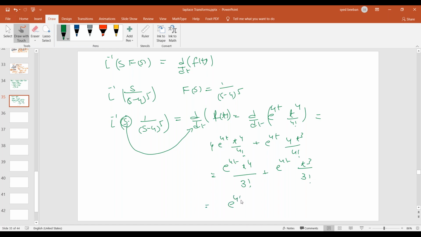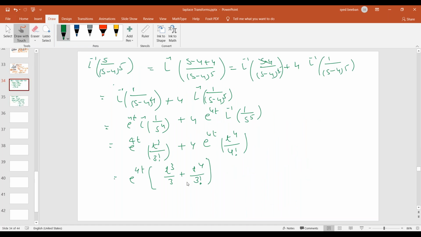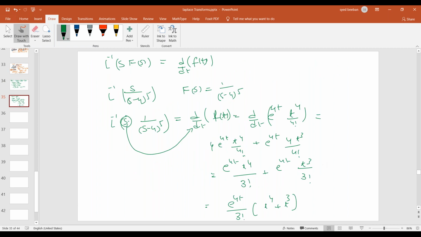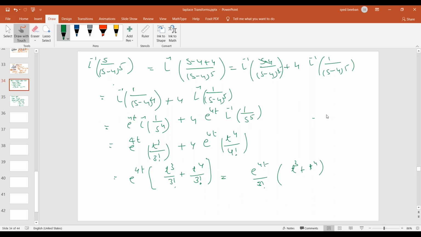Means e power 4t by 3 factorial can be taken common. I may get here t power 4 plus t power 3. What we got earlier, the same. Here, if I take e power 4t by 3 factorial common, so t cube plus t power 4. Either of the methods you can use, but every time it may not be that comfortable.